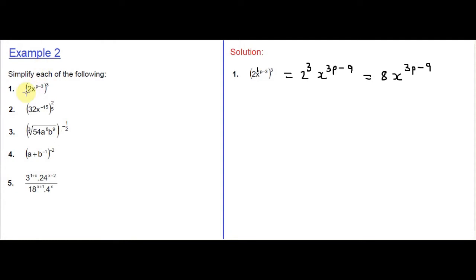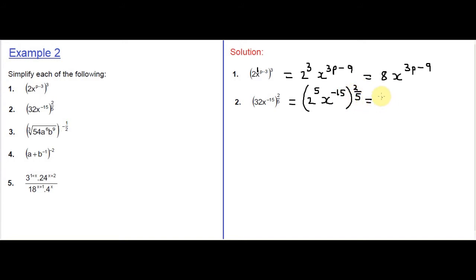Let's look at the second one. We're going to find prime factors of 32 in the usual way. So that's going to be 2 to the 5. And then we have x to the negative 15, all to the power of 2 over 5.